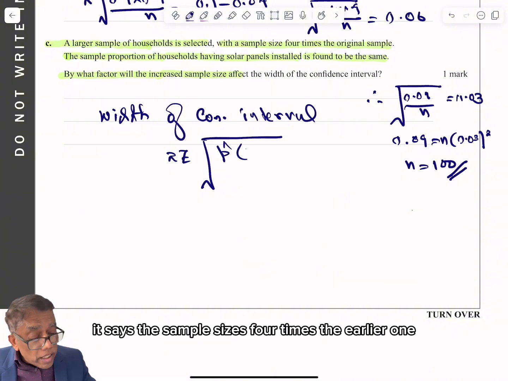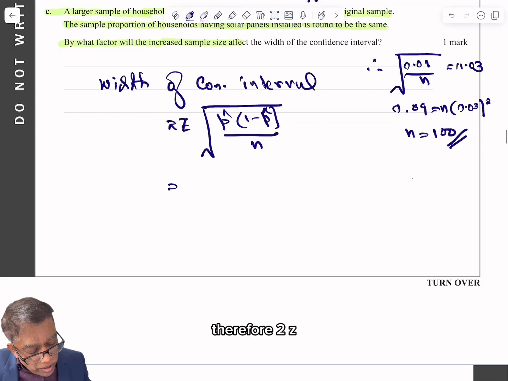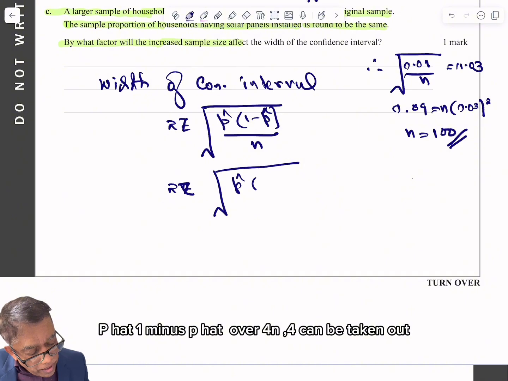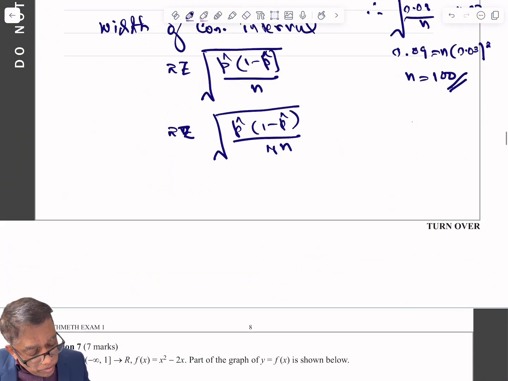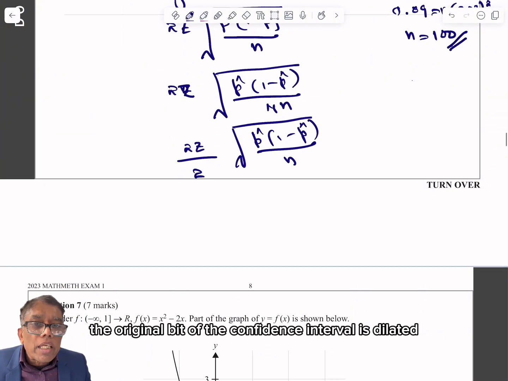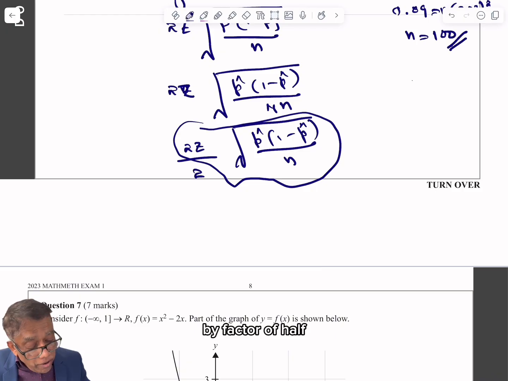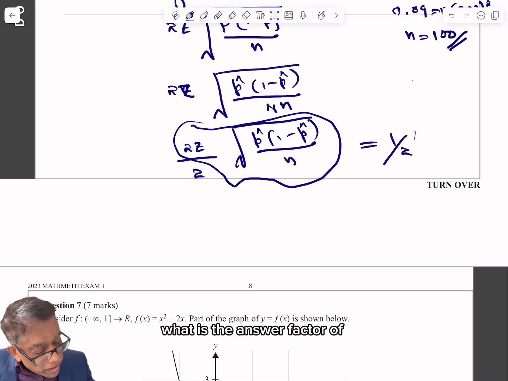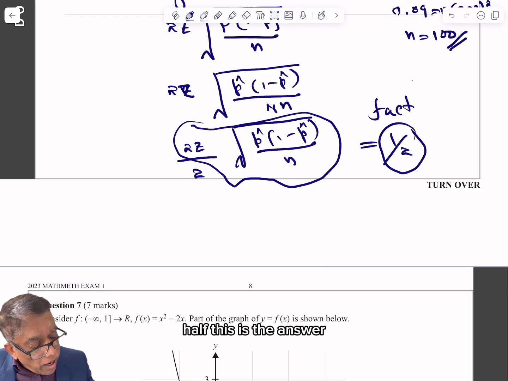However, the sample size is 4 times the earlier one. Therefore, 2z times the square root of p hat 1 minus p hat over 4n. The 4 can be taken out, giving 2z over 2 times the square root of p hat 1 minus p hat over n. Therefore the original width of the confidence interval is dilated by a factor of half. What is the answer? A factor of half. This is the answer.